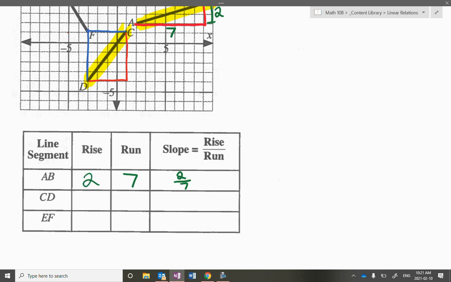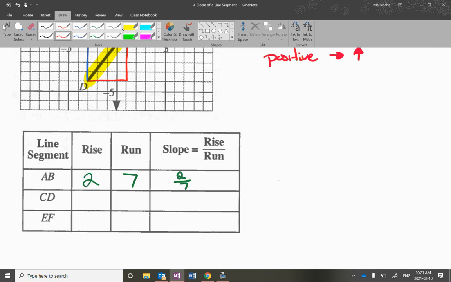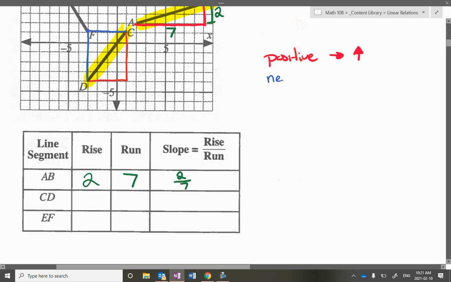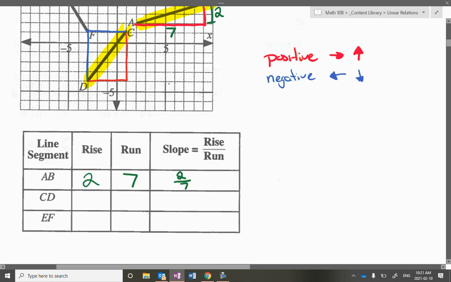When you're counting, remember a positive count would be to the right or up. A negative count is going to be to the left, just like how our number lines work, or down. So if you're counting using the red triangle, I'm going to count to the right 5.